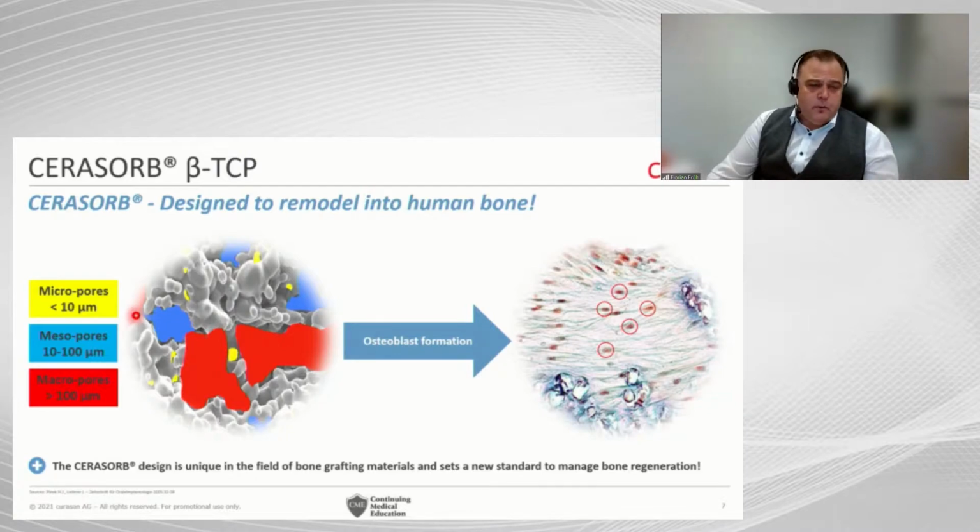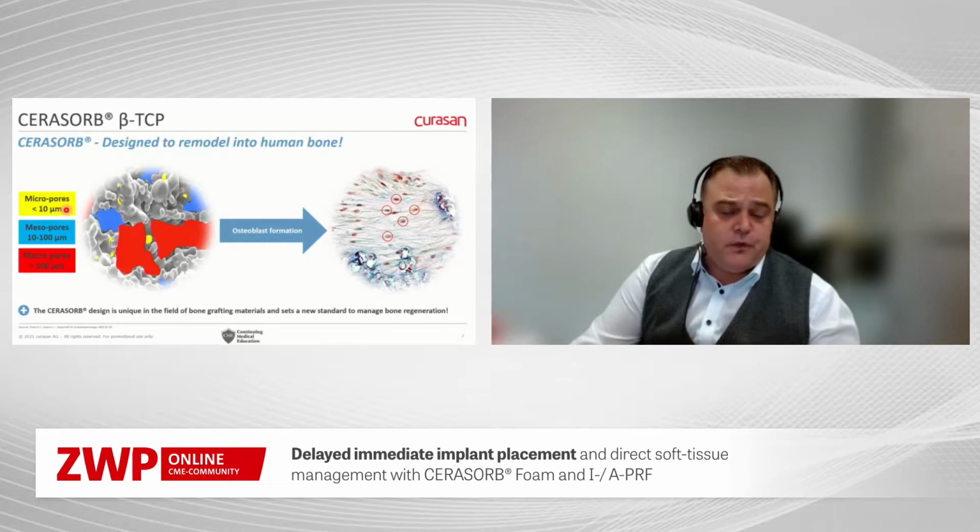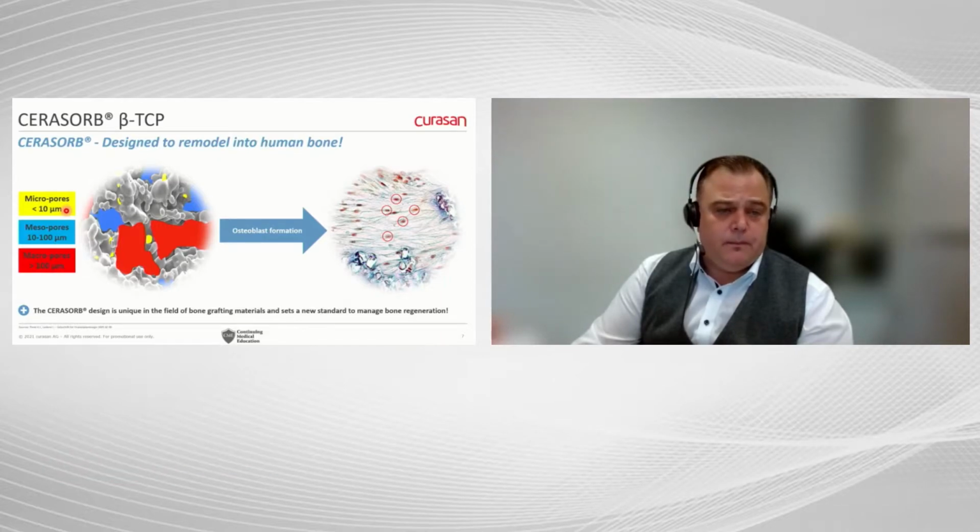We have incorporated in our material micropores that are smaller than 10 microns, mesopores between 10 and 100 microns, as well as macropores bigger than 100 microns, in order to trigger the osteoblast formation inside and outside of the material.